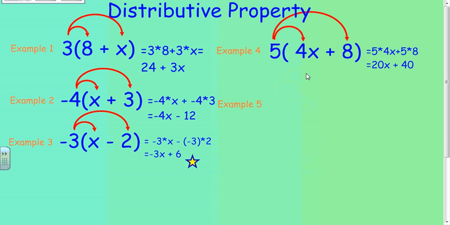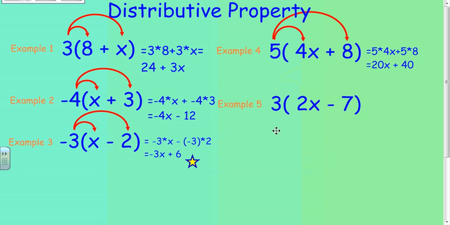And this is our result: 5 times 4x plus 5 times 8. So when we have a number in front of the x, we're simply going to multiply the two numbers together. 5 times 4 is 20 for 20x, and then 5 times 8 is 40.